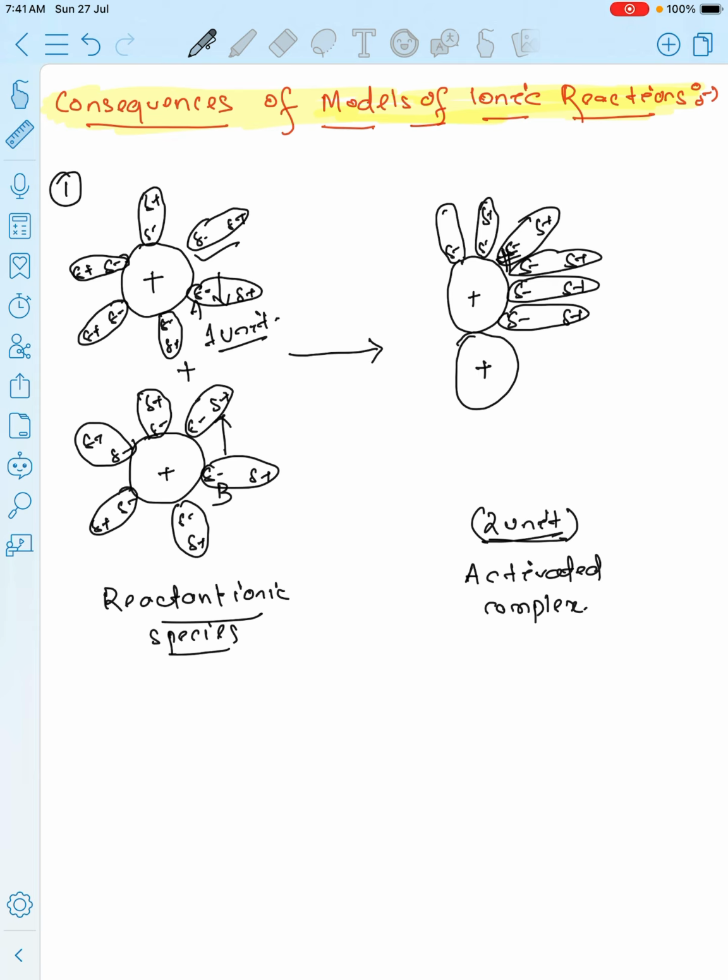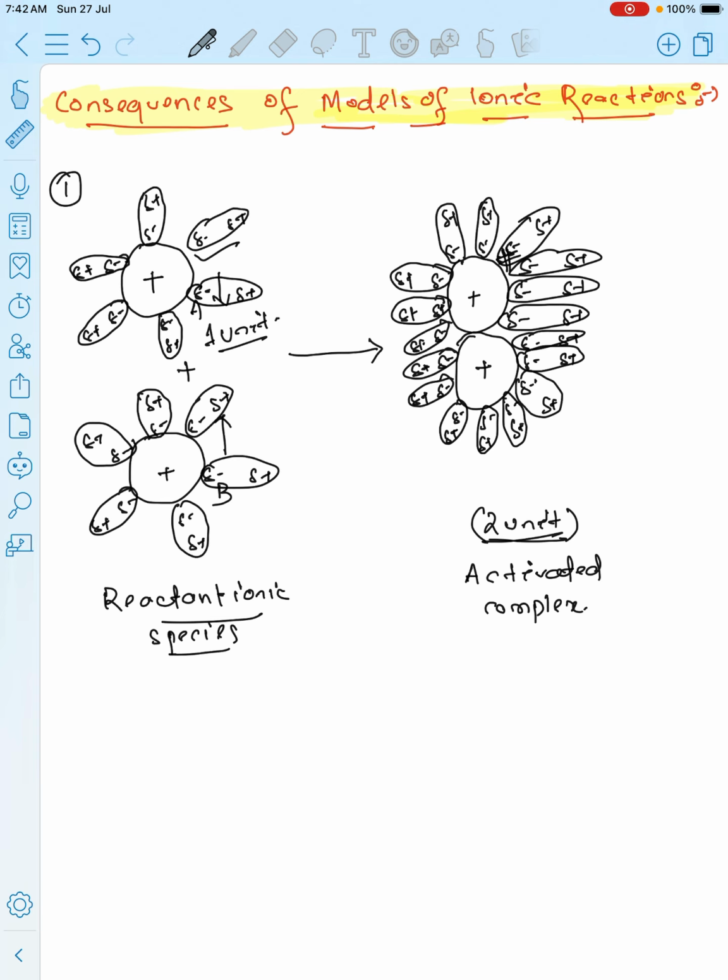That means as compared to the initially present ions, with whatever number of solvent molecules, now when they form the activated complex, as the number of unit charges increases, the number of solvent molecules surrounding the activated complex will also increase due to the larger magnitude of ion dipole interaction.